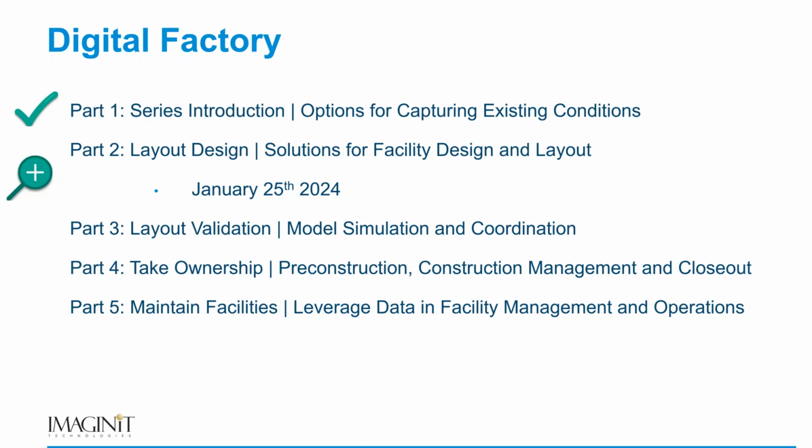And part 3 will be about validating that model that we create in the layout session and go through some simulation technology, using that with the Autodesk tools. And then talk about the ownership, the pre-construction, construction management, and closeout of the installation of that new equipment line, and then finally close out with maintaining the facilities and maintaining that as-built model and leveraging that data through facilities management and operations.